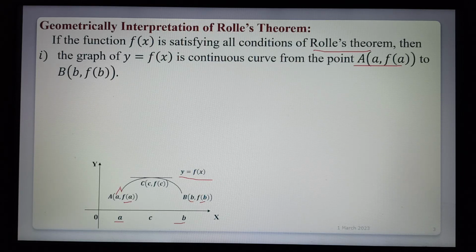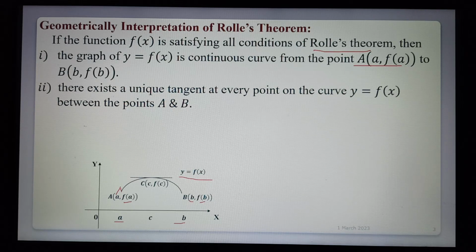This is a continuous curve from a to b, and there is no break from a to b. Second is differentiable. Differentiable means geometrically there exists a unique tangent at every point on the curve y = f(x) between the points a and b. From a to b at every point there exists a unique tangent; that is a differentiable function.